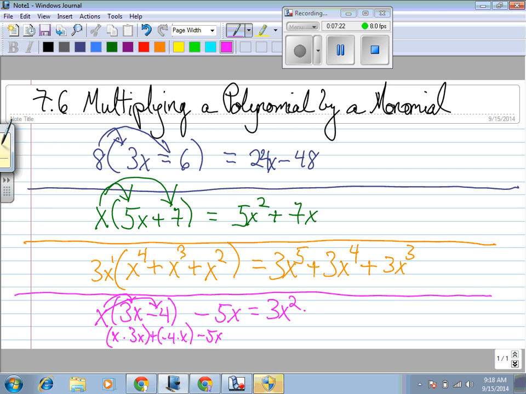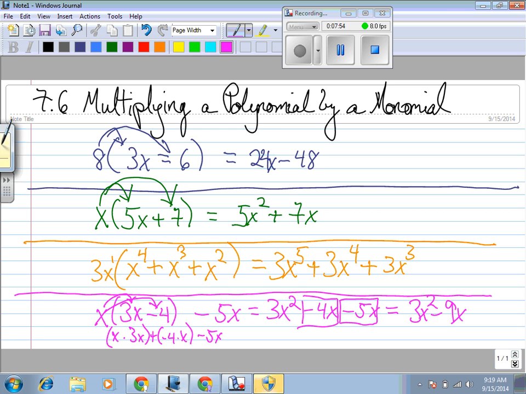So you have 3x squared minus 4x minus 5x. Now you need to combine like terms. And the like terms are negative 4x and negative 5x. Negative 4 minus 5 gives you negative what? 9. So minus 9x. So 3x squared minus 9x.